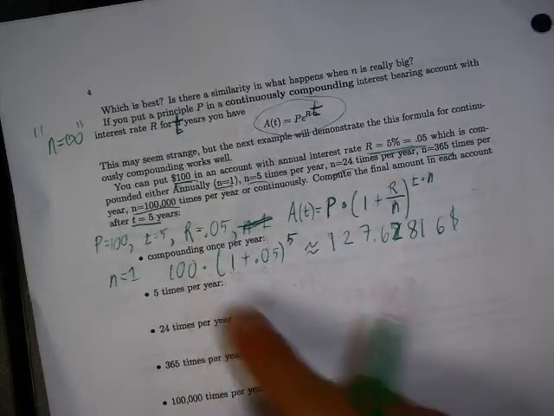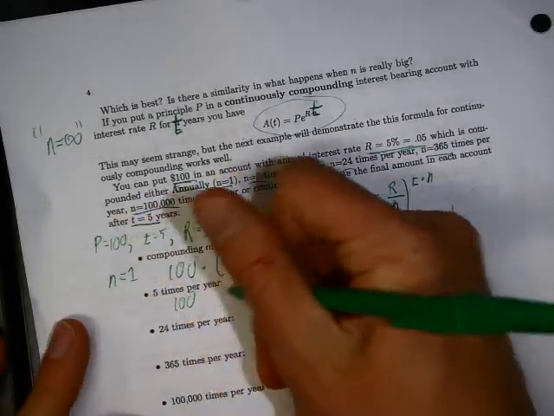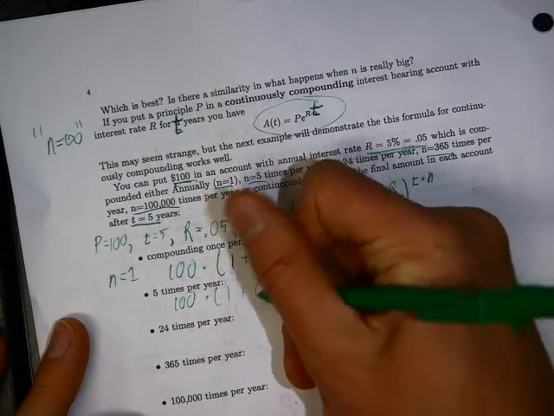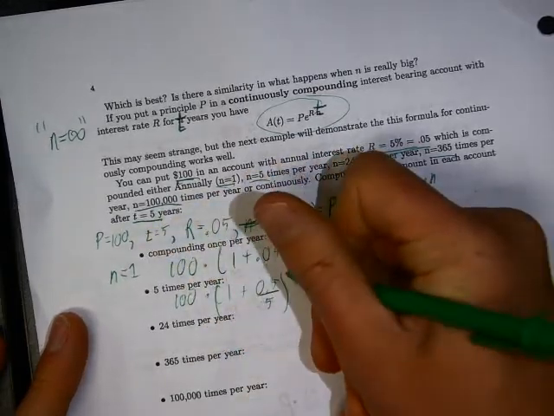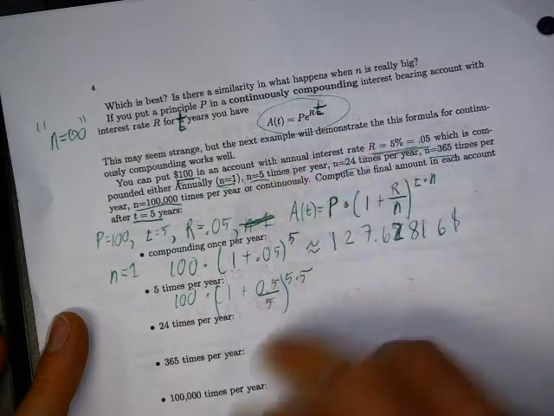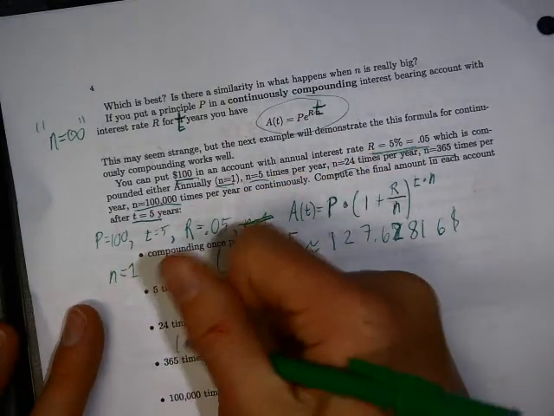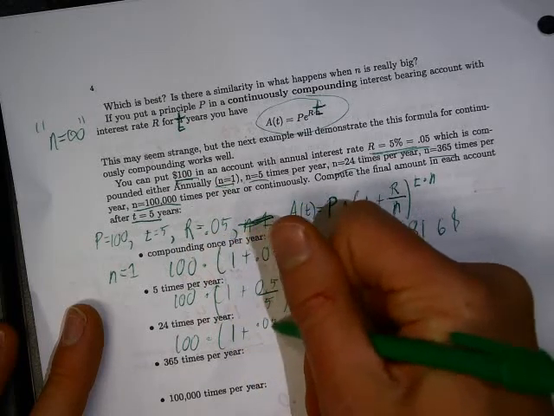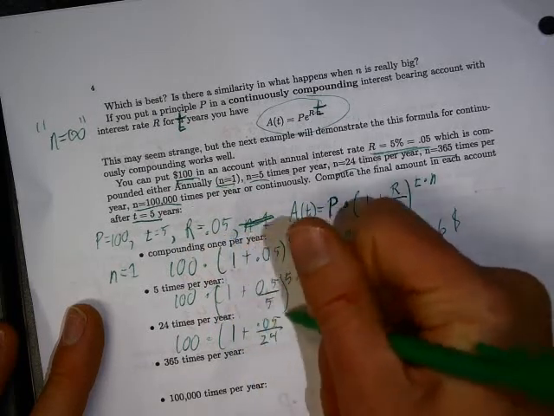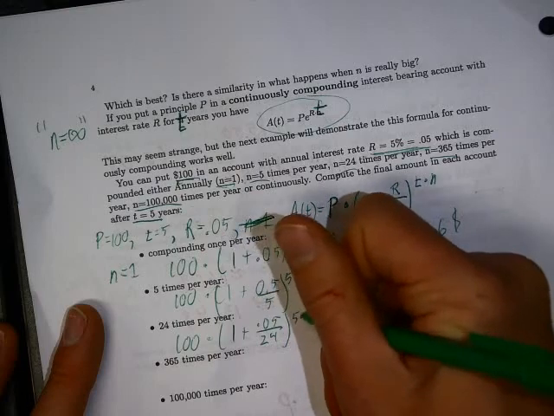If you compound 5 times per year, you get $100 times 1 plus 0.05 divided by 5, raised to the 5 times 5. Compounding 24 times per year, 100 times 1 plus 0.05 divided by 24, raised to the 5 multiplied by 24.